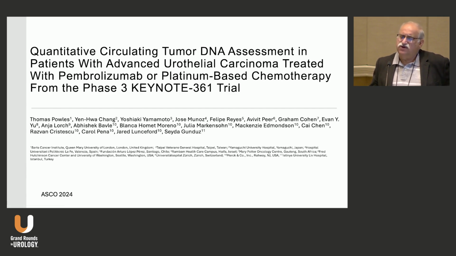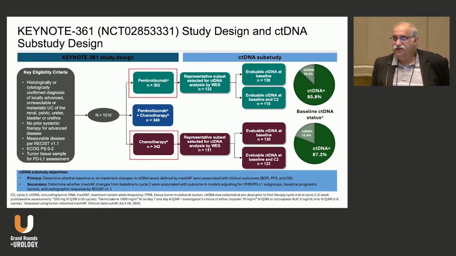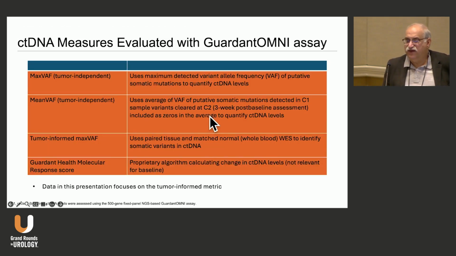Lastly, another related trial that looked at circulating tumor DNA was the Keynote trial looking at Pembro or chemotherapy-based adjuvant therapy following radical cystectomy. The patients either got Pembro, Pembro plus chemo, or chemotherapy alone, but this specifically spent a lot of time looking at the circulating tumor DNA substudies.